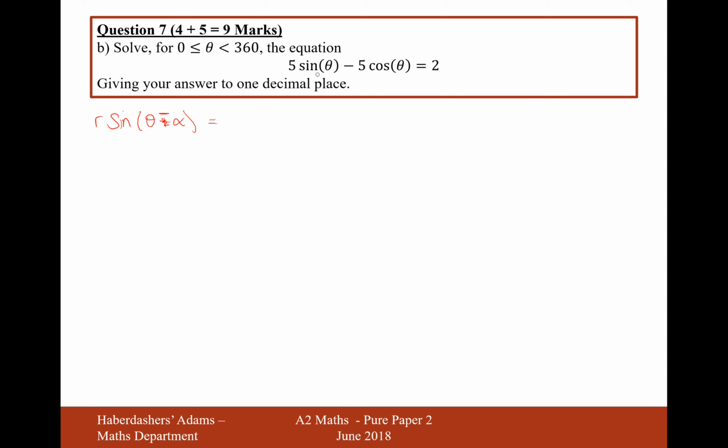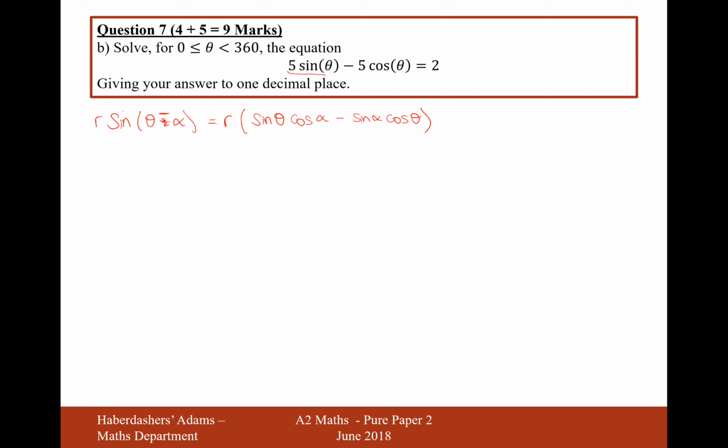We're using sine because that's the one that's positioned first, and we're using a minus inside here because there's a minus there. We know that the sine angle addition formula looks like this: sine theta cos alpha minus sine alpha cos theta. So that's what we're going to effectively use here.